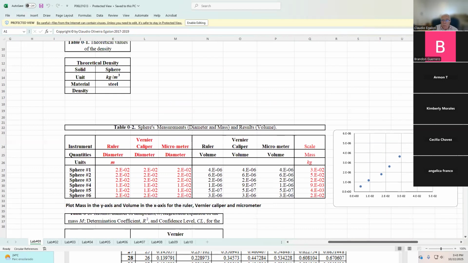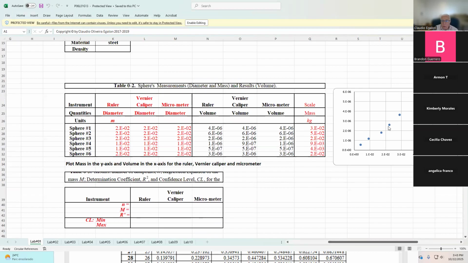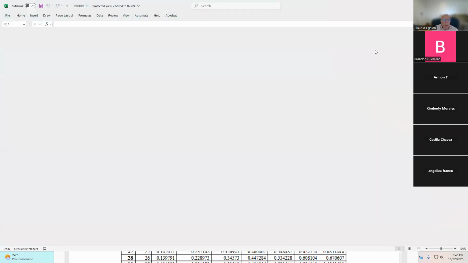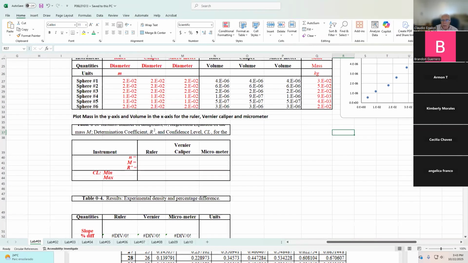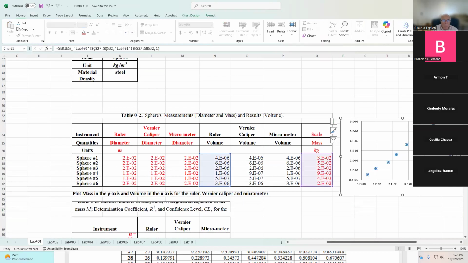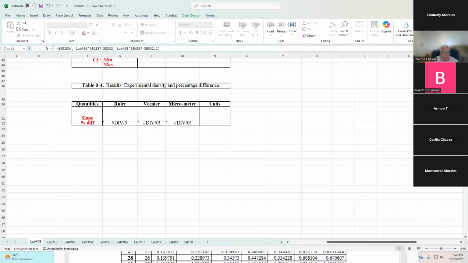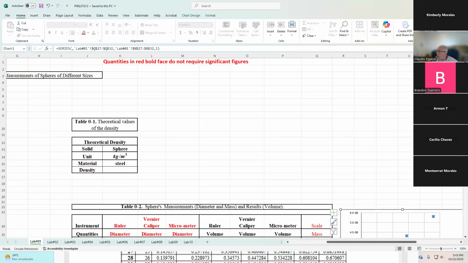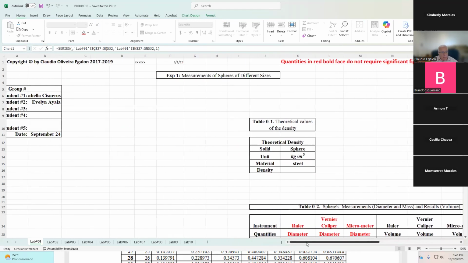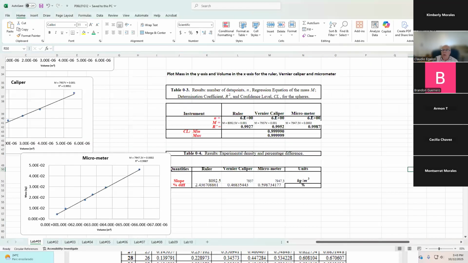Okay, they did one of the graphs. Enable editing. Okay, but just one graph. Nothing else. Let's go to group number 14 now. Isabella and Evelyn. Evelyn is here. No, Isabella is not here either. Okay, let's go to group number 14.